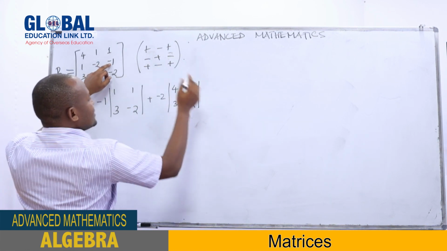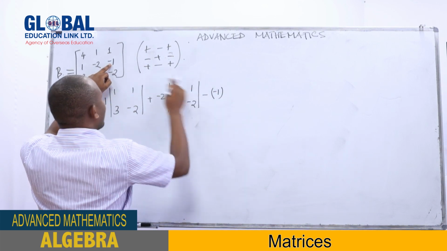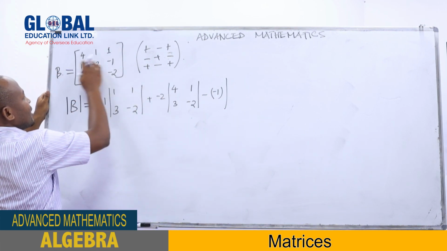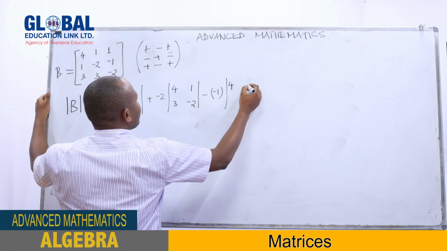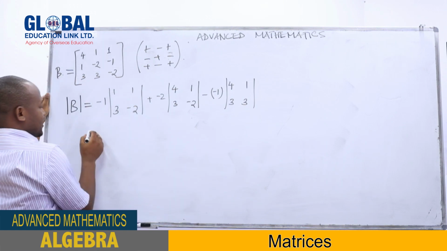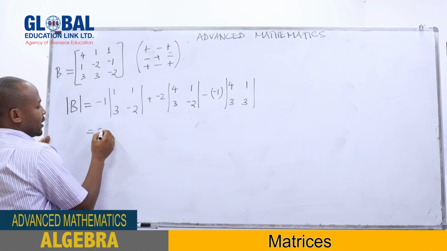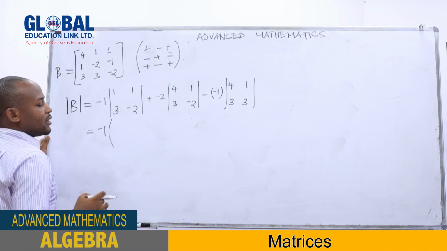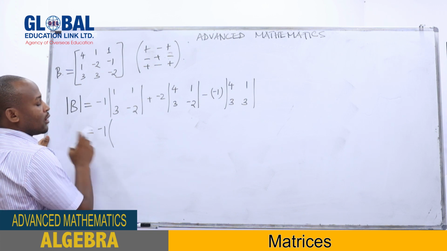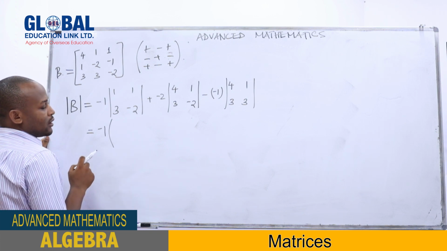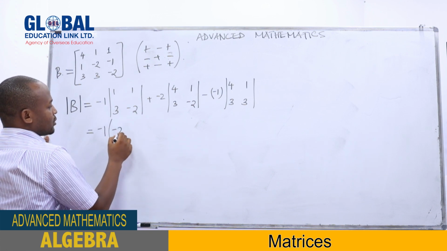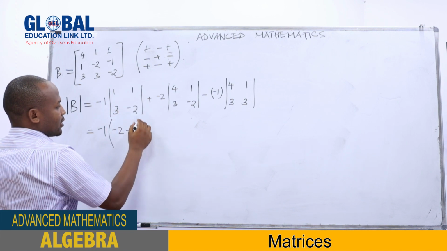Then minus 1. Remember that's a negative. Then we are left with the matrix, this and that go. We are left with the matrix 4, 1, 3, 3. Now let's finish that. It will be a negative 1. Remember the determinant of a 2 by 2 matrix is found by the difference between the product of the leading diagonal minus the product of the other diagonal. There we have 2 minus 3.